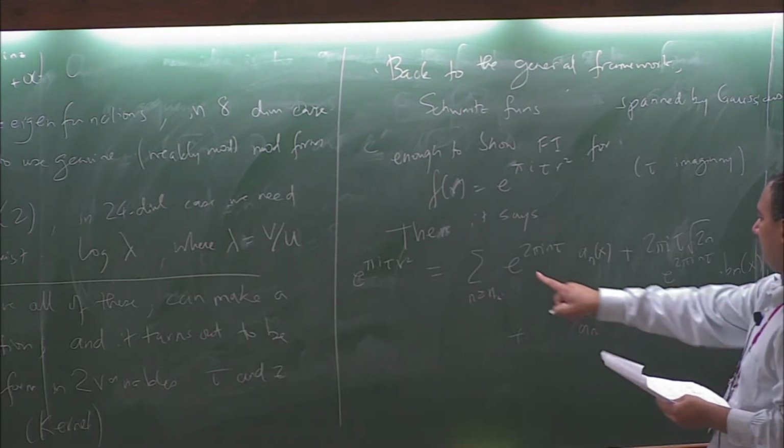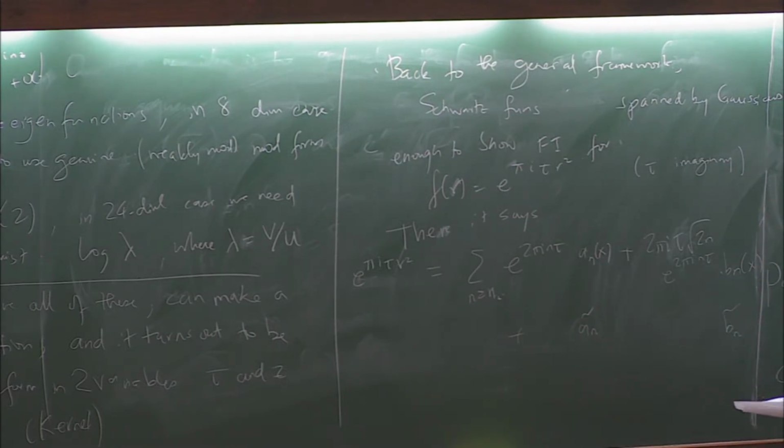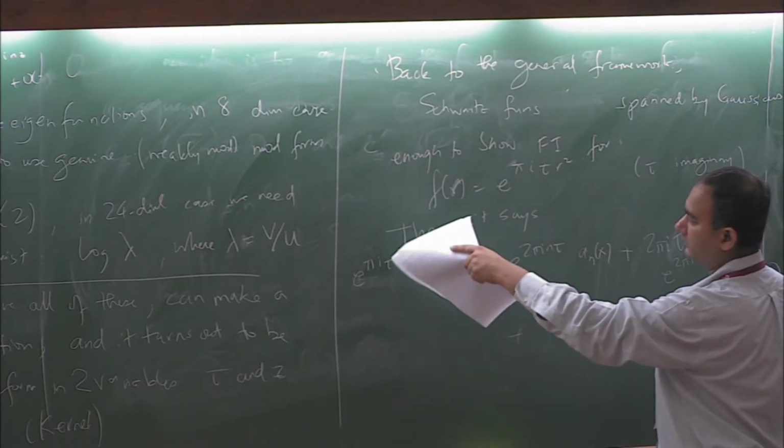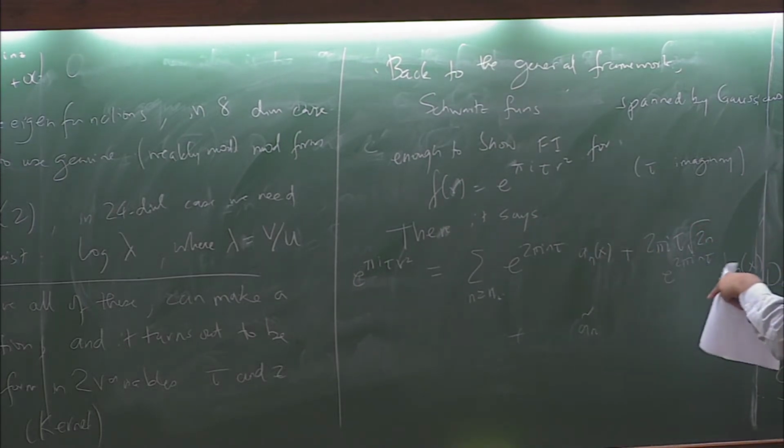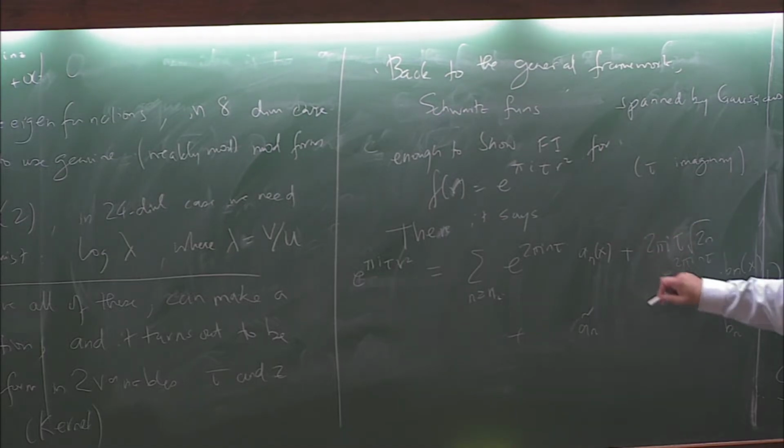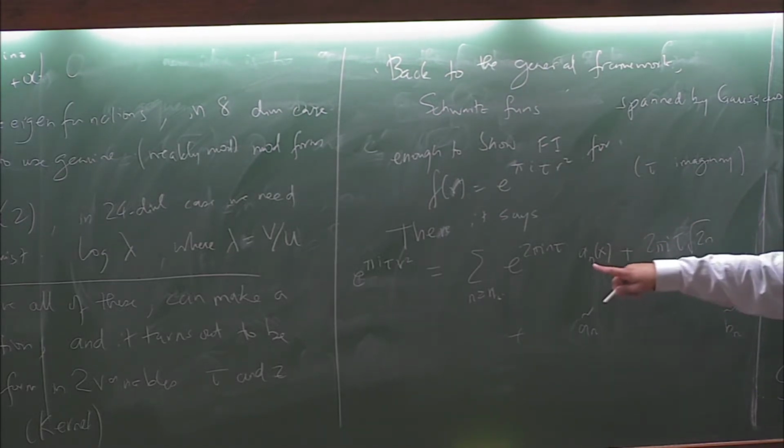Where now you have to Fourier transform the function, and you get minus 1 over tau, and you get appropriate things. This is the derivative of e to the pi i tau r squared at square root of 2n. So it's saying that this must be satisfied.